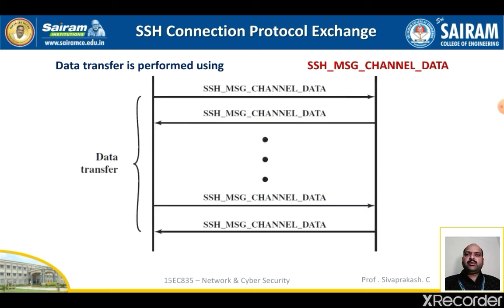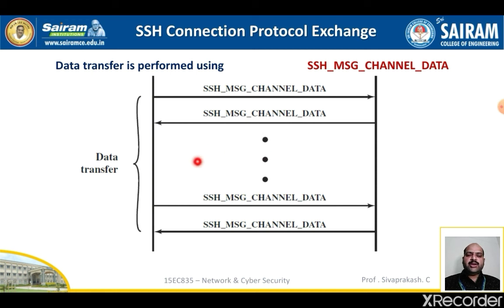Let's see the data transfer, how it gets performed. Once the channel is open, data transfer is performed using the SSH_MSG_CHANNEL_DATA message. From the client side, it gives a request as SSH_MSG_CHANNEL_DATA, and as per the request, the server provides the data transfer.